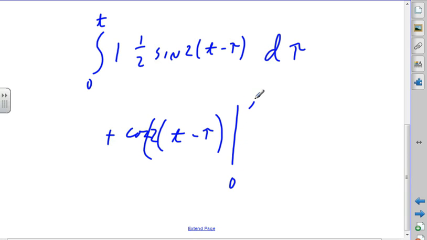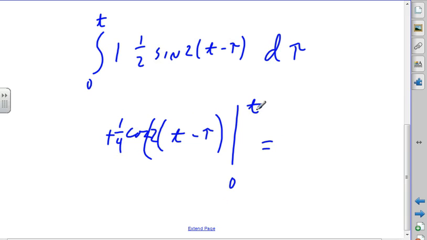Evaluated between 0 and t. 1/4? 1/4. Okay. So if I take the derivative of this, the 2 goes out in front, it becomes a 1/2. I have a sign, and it's a minus sign, right? And then I take the derivative of that, and I get a -1, making it positive. So it looks like that's right.